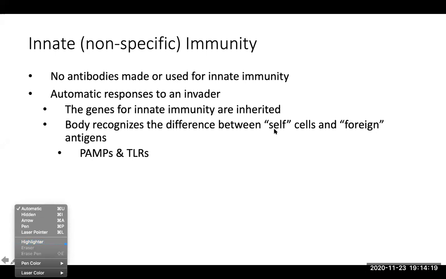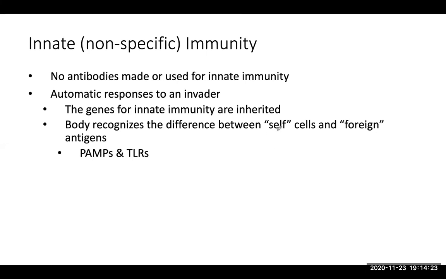And self tags, let's go ahead and make a note here. So all of the cells of your body have MHC class 1. And so you could put somatic or regular cells, and then your white blood cells will have MHC2.